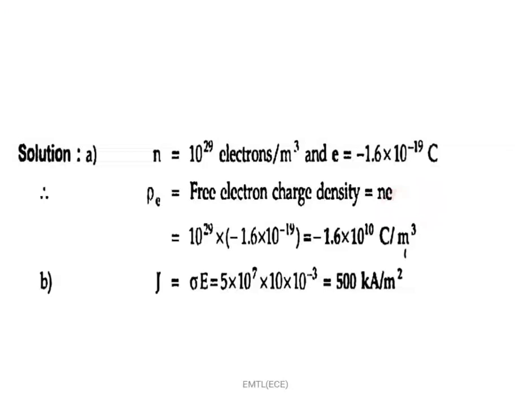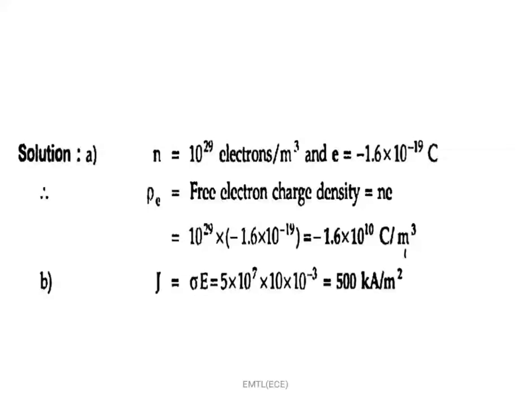So the electron charge density rho e is equal to n into e. Here the n value is 10 power 29 and the charge of the electron is a constant value, minus 1.6 into 10 power minus 19 coulombs. So finally this value is equal to minus 1.6 into 10 power 10 coulomb per meter cube.